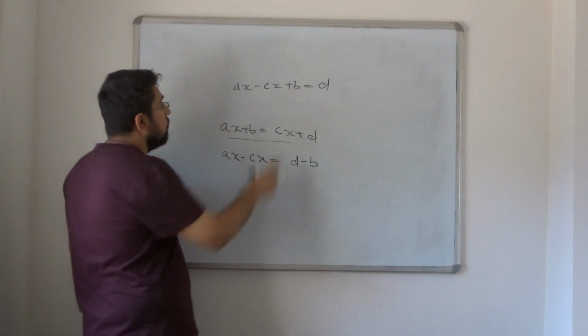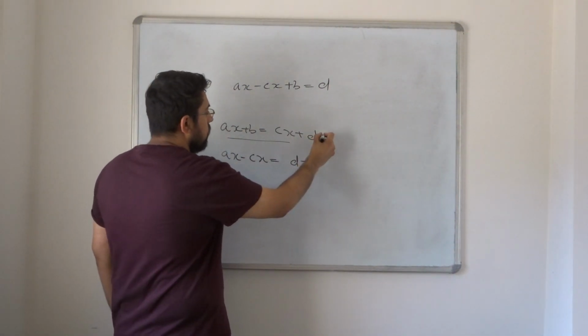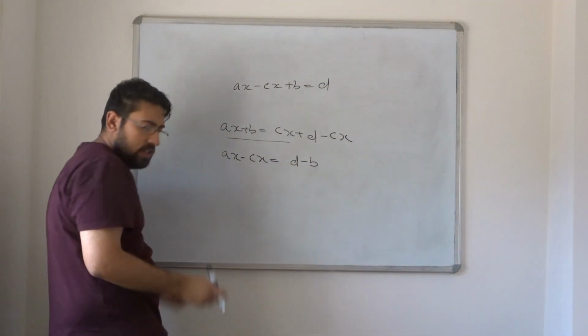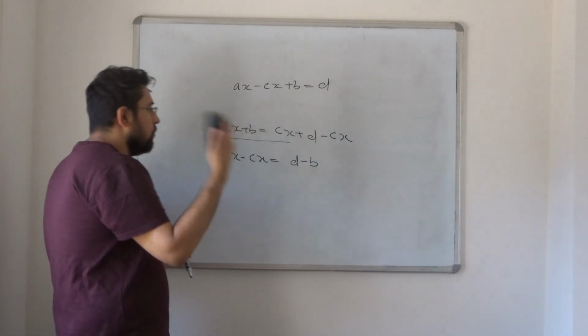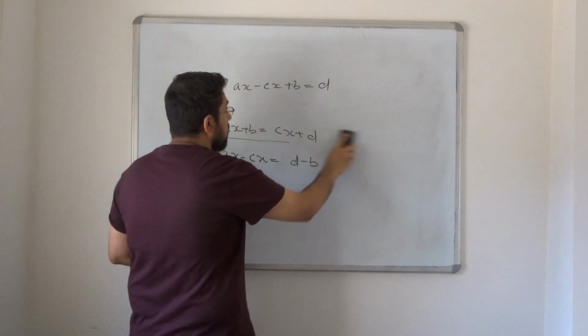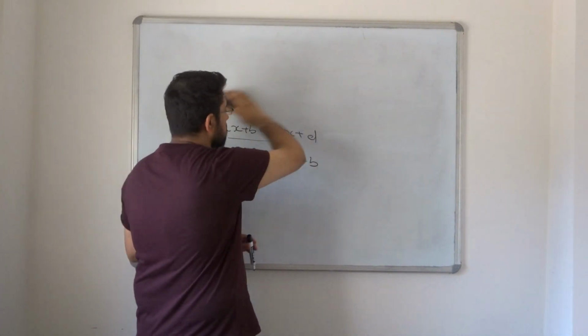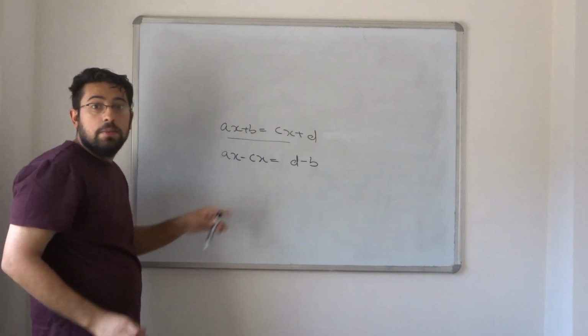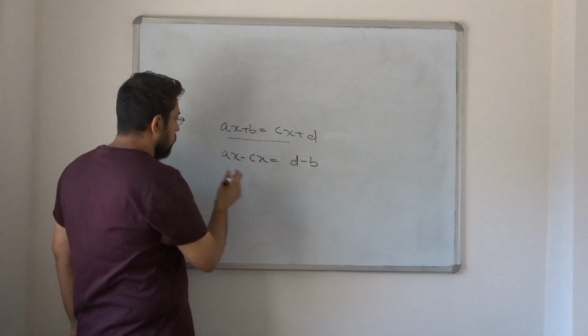But remember, guys, that when this comes to the other side, you can also do this to eliminate it from this side. Basically, that doesn't really matter. If you're new and you're learning, then this step matters. Otherwise, if you've already mastered it, then you can directly come to this step here. So now what do you do, guys?